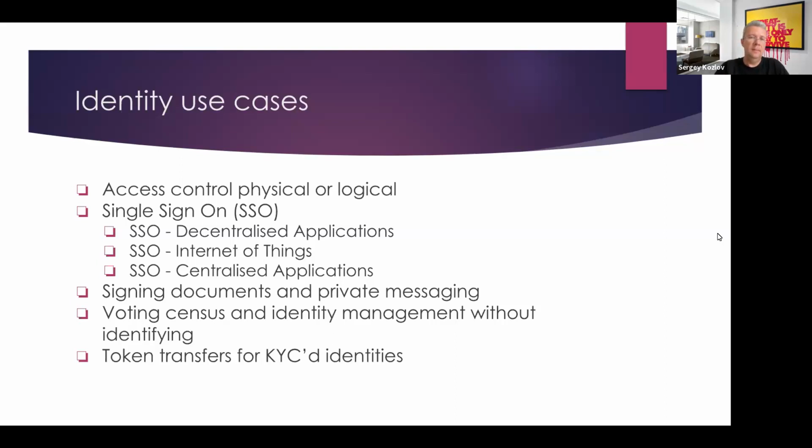Internet of Things, centralized applications, signing documents and private messaging, voting census, the voting example we already discussed, and token transfers for KYC identities, which we also discussed. I gave you an example of when you want to supply assets on chain to a certain pool: you issue a ZK proof that you have a KYC from maybe some trusted centralized exchange or government or any other issuer.